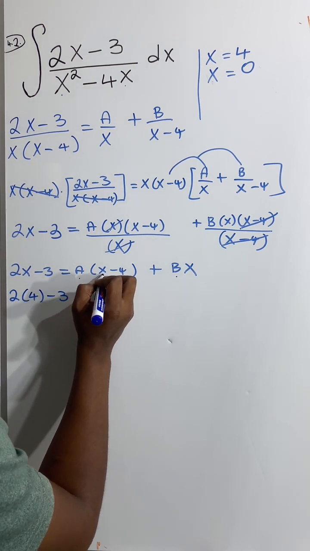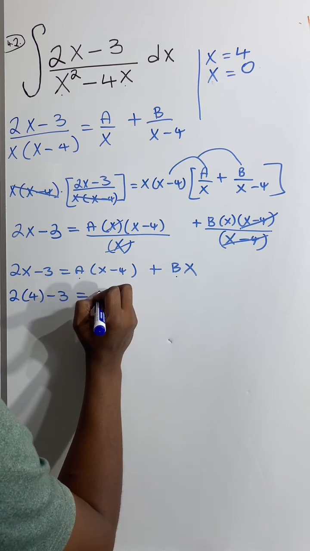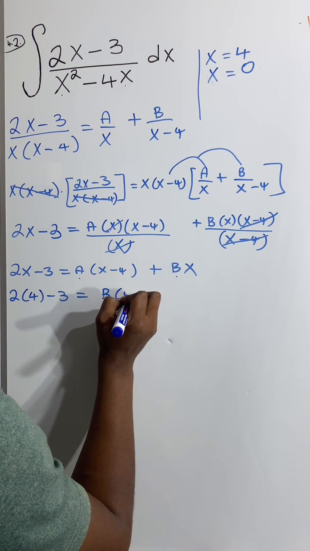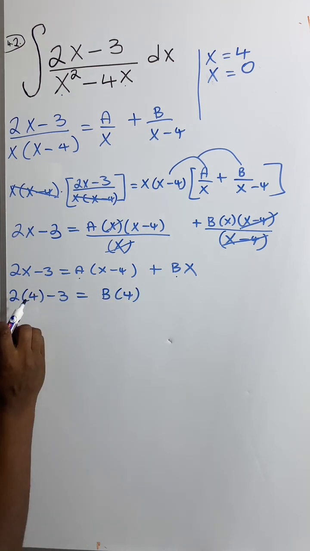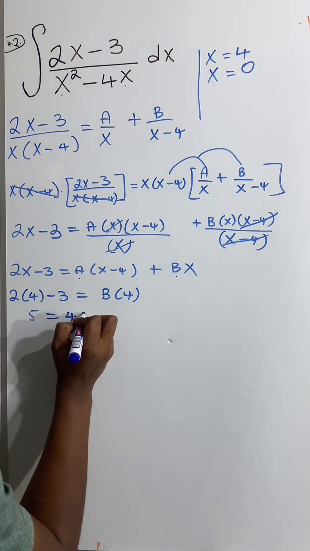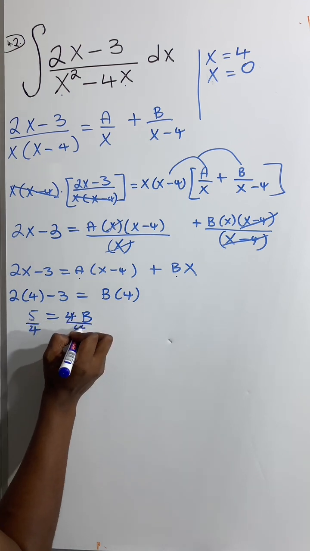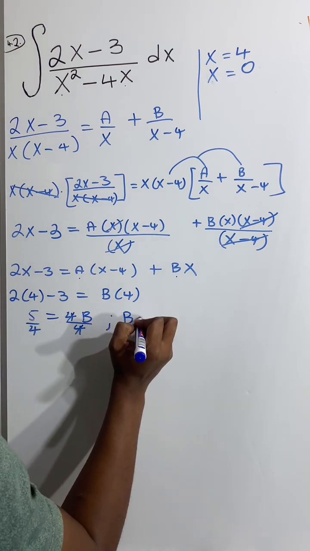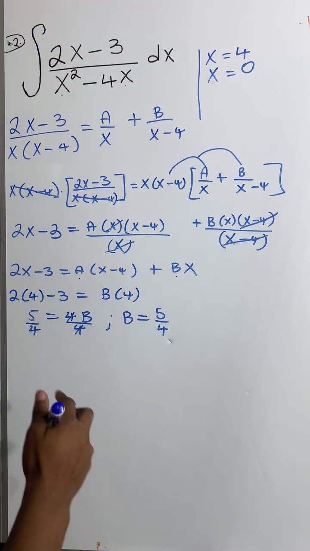We substitute 4 here, 4 minus 4, 0, 0 multiplied by a, 0. 2 multiplied by 4 is 8, 8 minus 3 is 5. We divide both sides by 4, and b will be equal to 5 over 4.